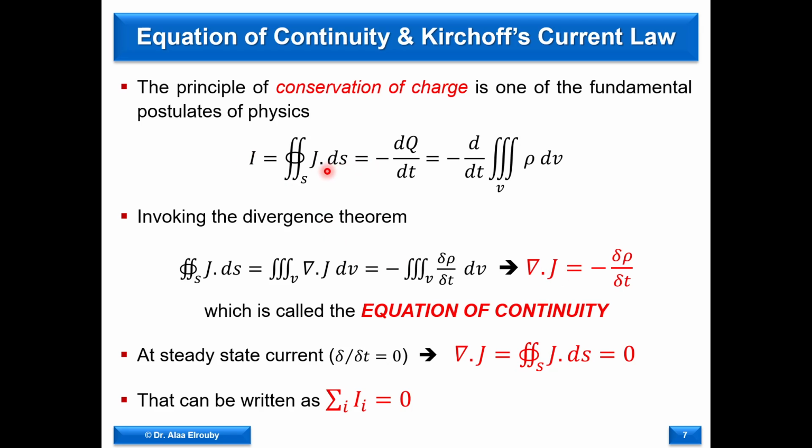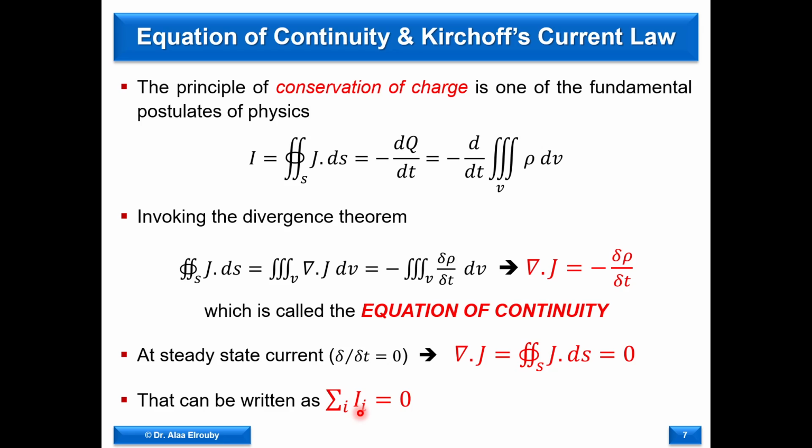The J dot dS, total current change out of a closed surface, will equal 0. And this can be written and generalized as Kirchhoff's current law. Total current at any node equals 0.